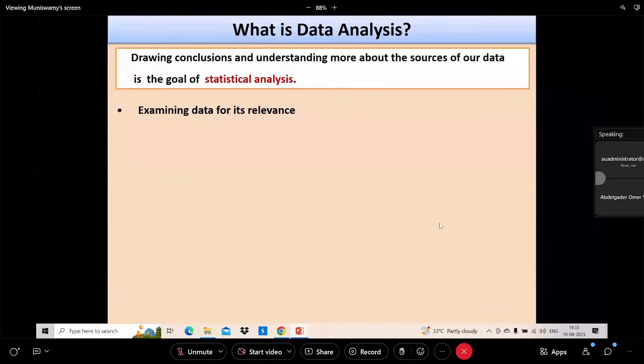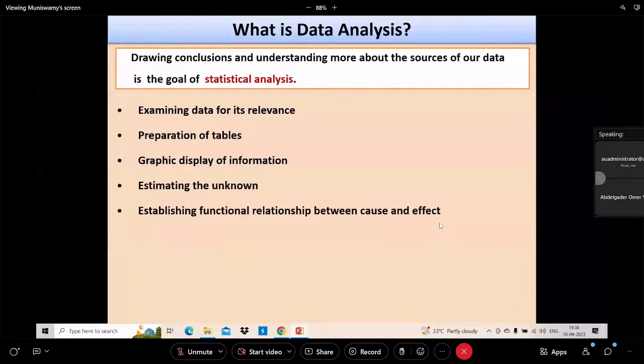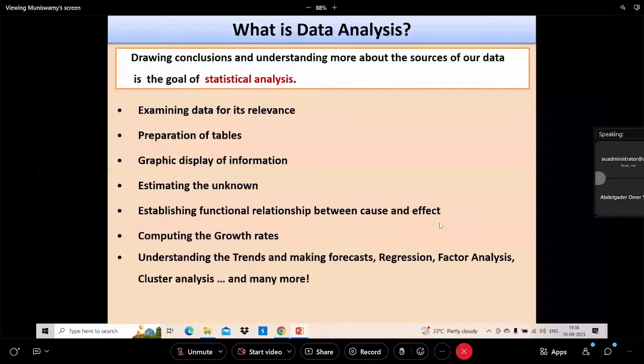The other is preparation of tables and graphic display of information, then estimating the unknown, establishing functional relationships between cause and effect, computing growth rates, understanding trends and making forecasts, regression, pattern analysis, cluster analysis, and many more. And preparing a document stating the methodology and interpreting the results. So these are the findings.